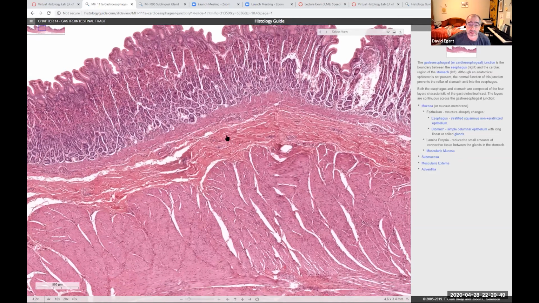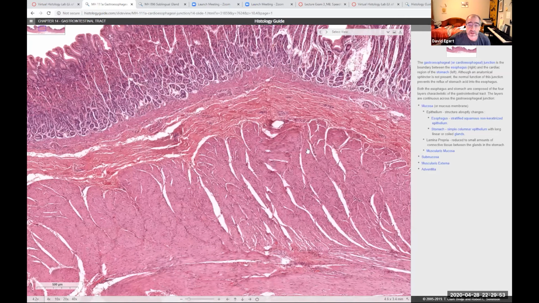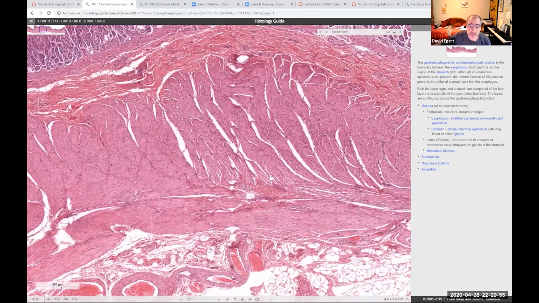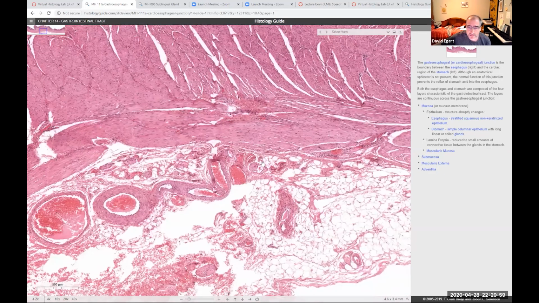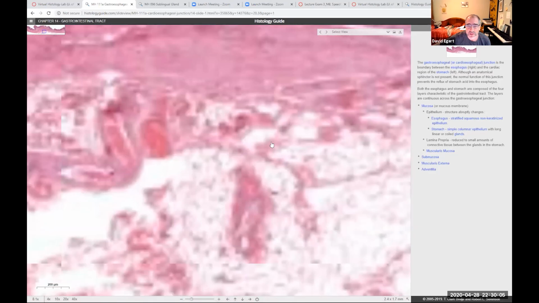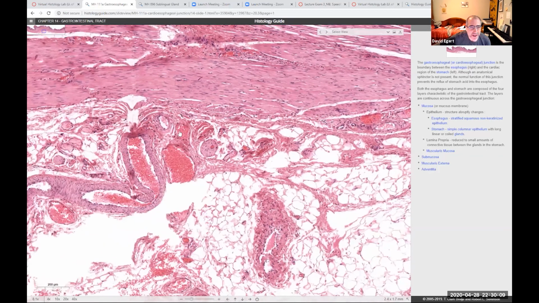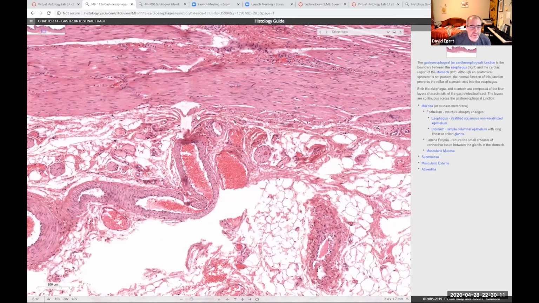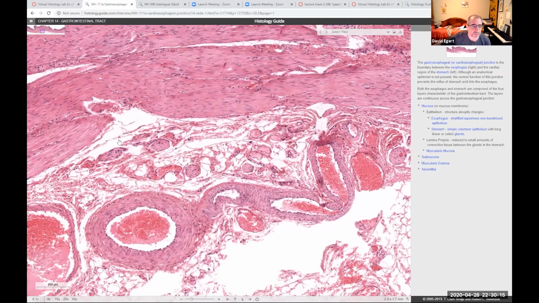Then you got the submucosa, dense connective. You got muscularis externa with different orientations. And then this is probably just a loose CT going into, it's probably a serosa in here. It's hard to even see. Yeah, I don't want to definitively say that this is, but this might even be the serosa. I don't know.